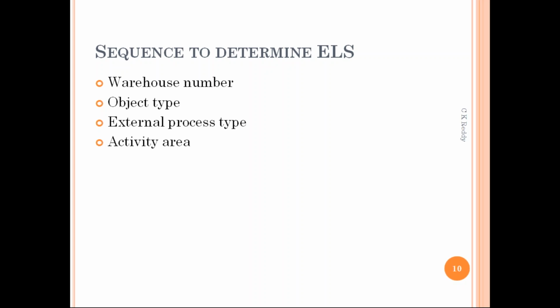For example, say one external step is picking or else packing. Just assume, sir, a small example. If I want to pack a certain kind of handling unit within one area, like a table area, it may take some time, and on the ground floor, like the shop floor, it can take some other time. That is also possible. Here, see sir, packaging is my external process step.